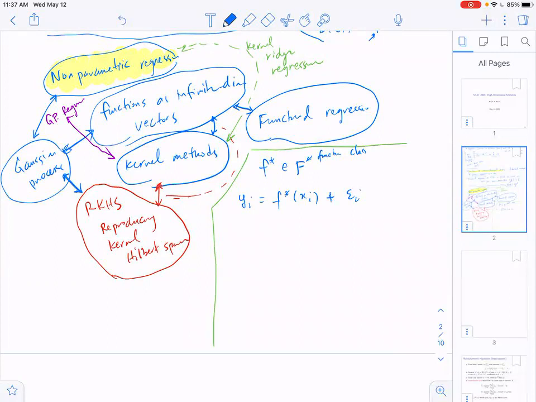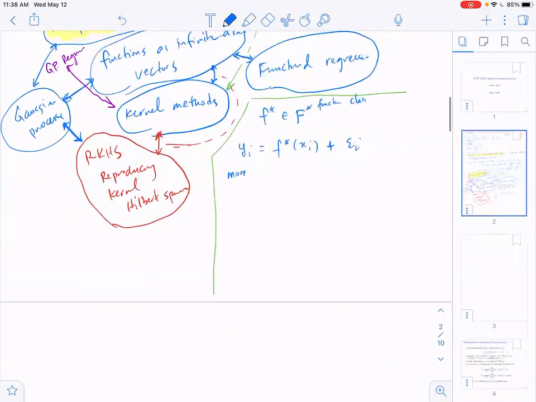Or a little bit more generally, you observe y, with the expectation of yi given xi being f star of xi.